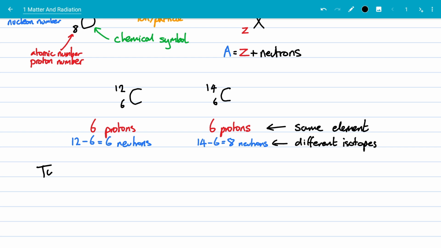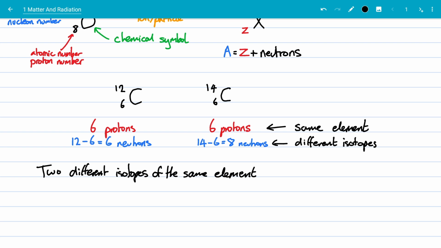So we could say that 2 different isotopes of the same element, and this is important. I don't like saying an isotope has the same number of protons, because a single isotope has the same number of protons as what?